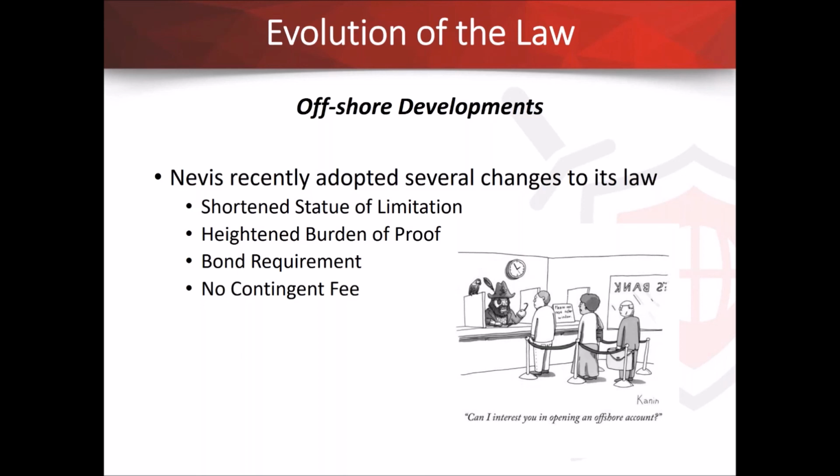So Gary mentioned this case with Wells Fargo recently, the Matthews case, where this debtor had a Nevis LLC, but the court did not apply Nevis law. The court applied Florida law just like to foreclose on the interest.